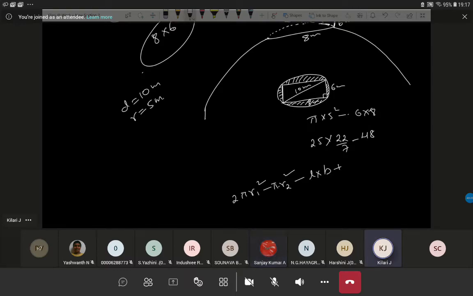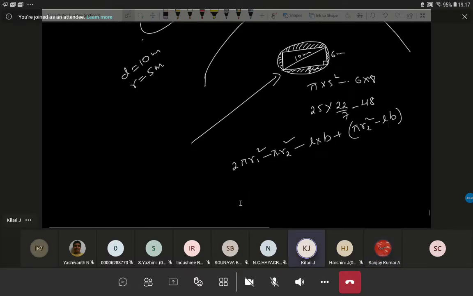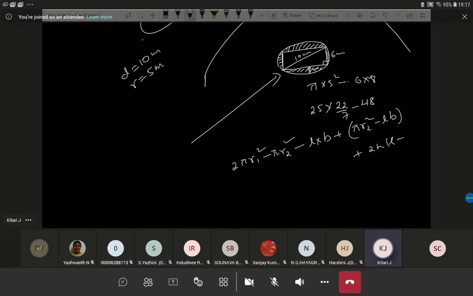And again I am adding the shaded portion, which I showed in this figure. For the shaded portion, again from the area of the circle pi r2 square, subtract LB. Plus 2h into (L plus B).